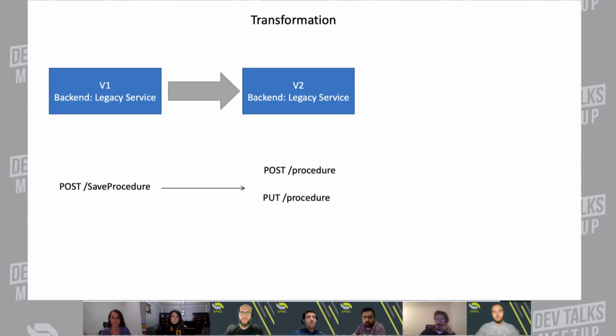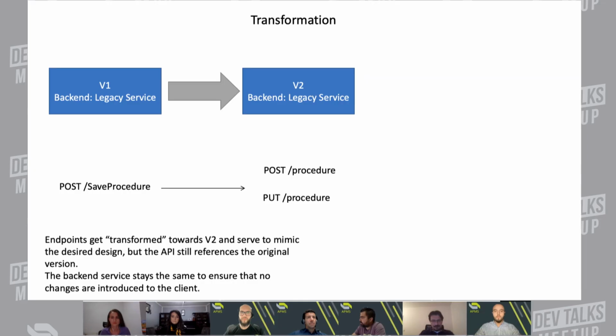These new endpoints are just mimicking the desired design of how it should look in the end, but it still targets the same legacy service. So we are still stuck with the legacy code, but we're trying to mimic what we want to get. The backend service stays the same because we don't want any changes yet.